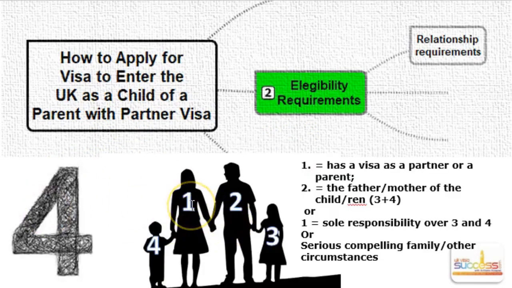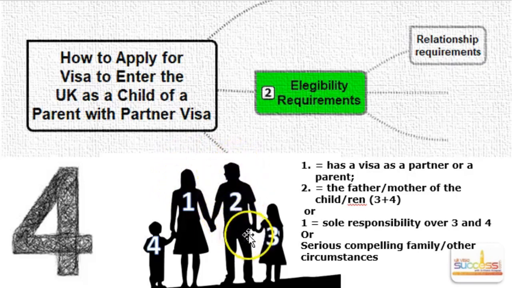And the last one is when the applicants meet one of the following. First of all, where their parent has a visa to enter the UK or to remain in the UK as a partner or a parent.